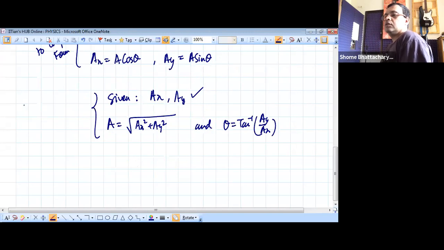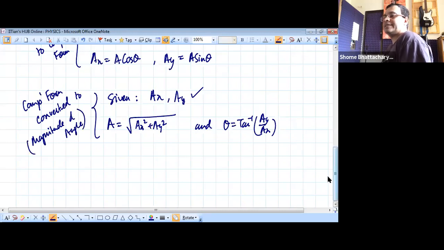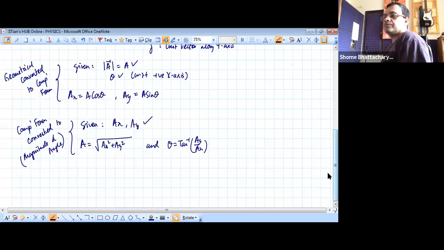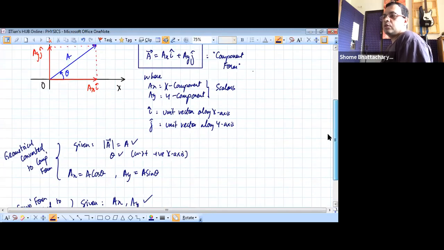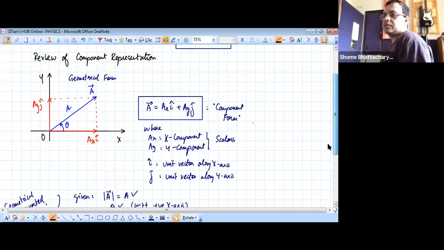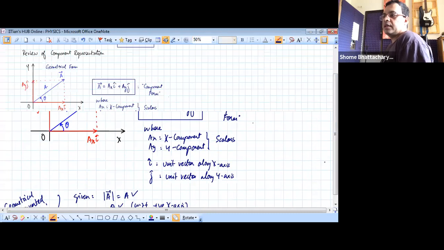So this is given in component form, converted to magnitude and angle. That's how we convert this to the magnitude of the vector and the angle it is making with the x-axis. Okay. So this is what we had looked at in the last lecture. And we will discuss a little bit more about this angle in 4 quadrants and all that later today.